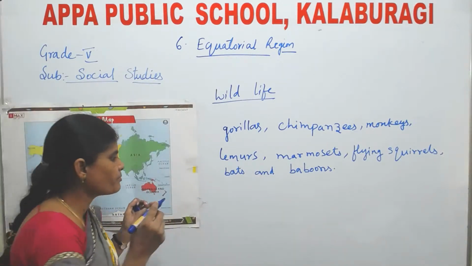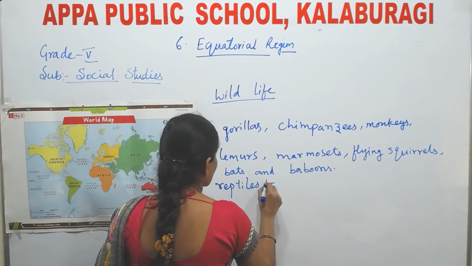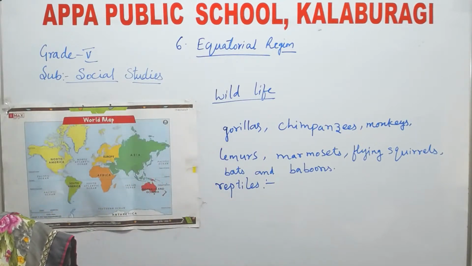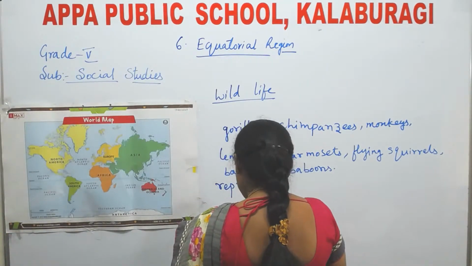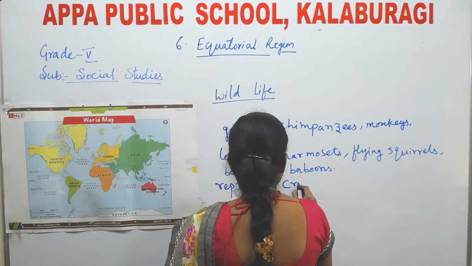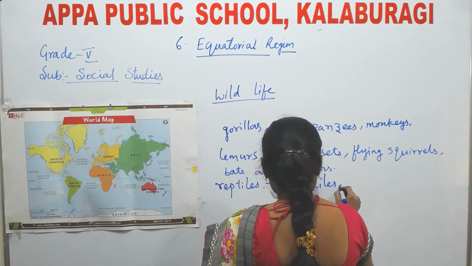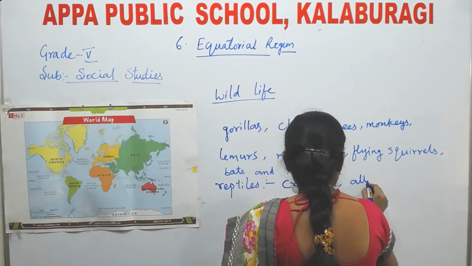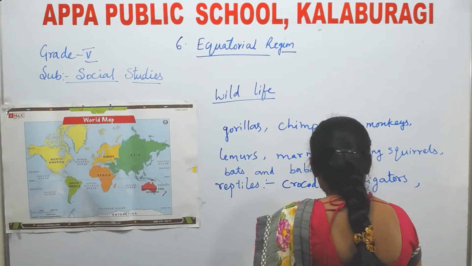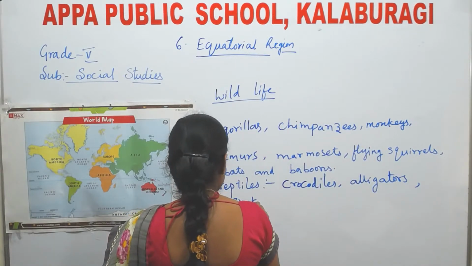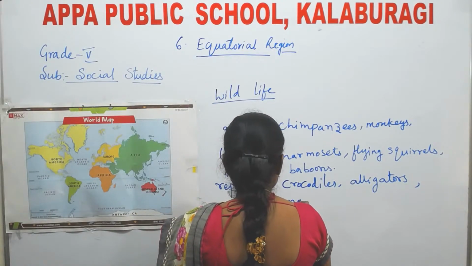And what type of reptiles are found in this region? Reptiles like crocodiles, alligators, snakes, and lizards.